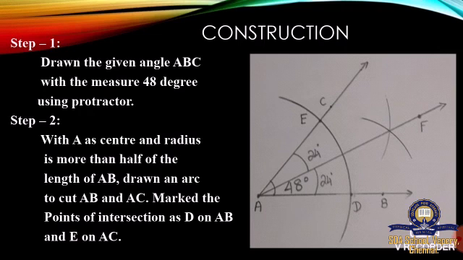And after that, we join the line and mark the point as C. Then, using the compass, with A as center and radius more than half of the length AB, we draw an arc to cut AB and AC. And then we mark the points of intersection as D on AB and E on AC.